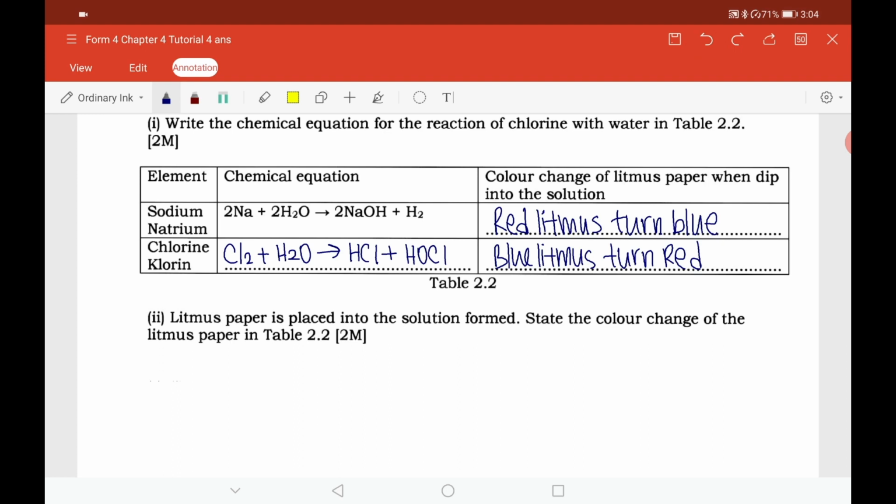After the litmus paper turns red, it will then bleach to white. When chlorine and bromine dissolve in water, we produce acid and a bleaching agent. The bleaching agent can decolorize the litmus paper, making all the color fade away to become white. This is what we need to know.